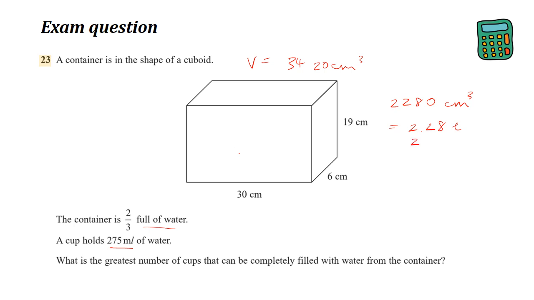This is equal to 2,280 milliliters because there's 1,000 milliliters in 1 liter. Now we've got that, what we can do is we can take the amount of water we've got, divide it by the amount of water we can get in a cup. We get 8.29, which means we can fill in total 8 cups.